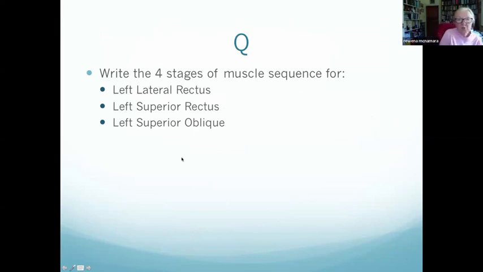So that's all I wanted to do today. I'm going to show you a video of the superior oblique palsy eye movements. And I thought you might like to do some homework. We wrote down last week the lateral rectus muscle sequence, but you might like to have a go at doing the left superior rectus and the left superior oblique.